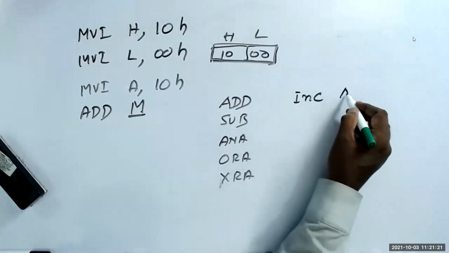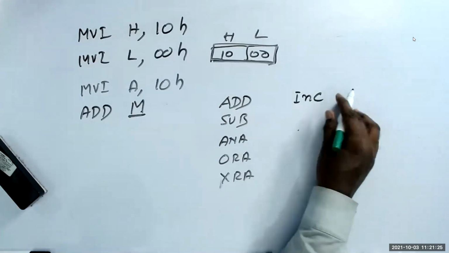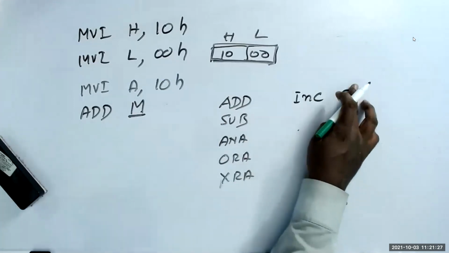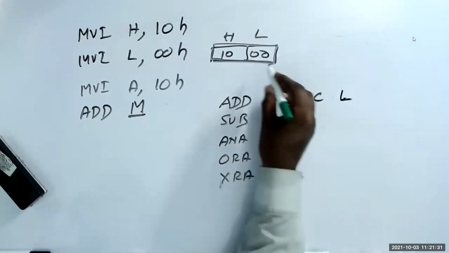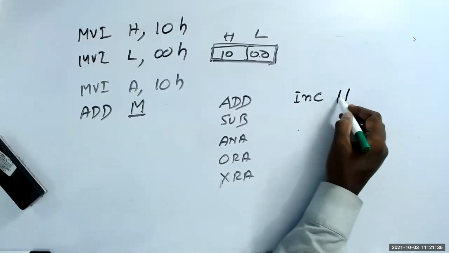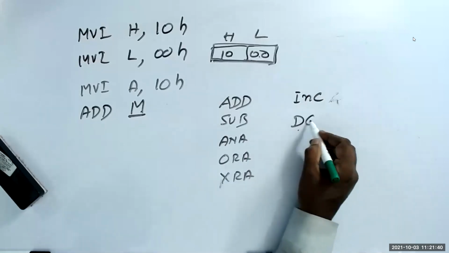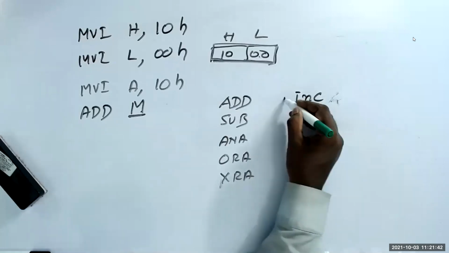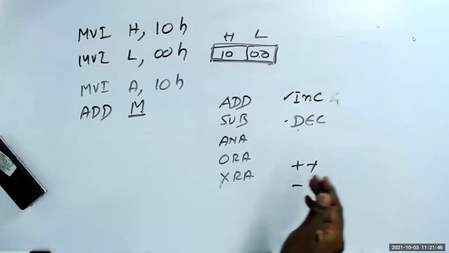If you put increment A, it will increment only A. If you put increment C, it will increment C. Increment L, it will increment L. If you increment H, it will increment H. Like that, we have an instruction called decrement. So we have increment, that is plus plus, and decrement, minus minus.